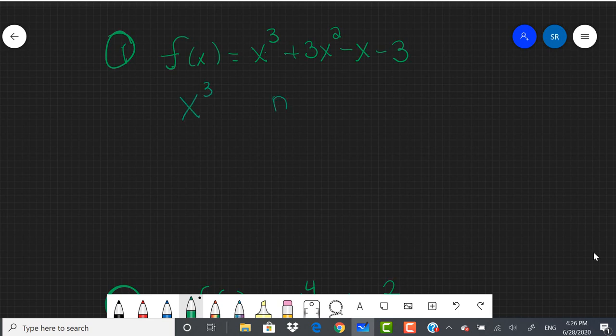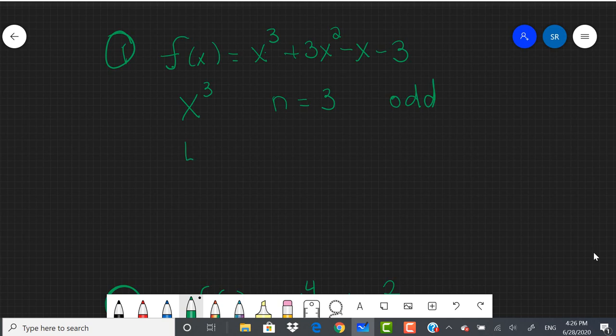So in other words, my exponent, which is considered the n, is 3. So we look at this, and now we know that my end behavior is going to be in the odd category. So that means they're going to be the opposite of each other, my ends. In the evens, the ends are always the same. But we want odd ones, we want the ends to be different.